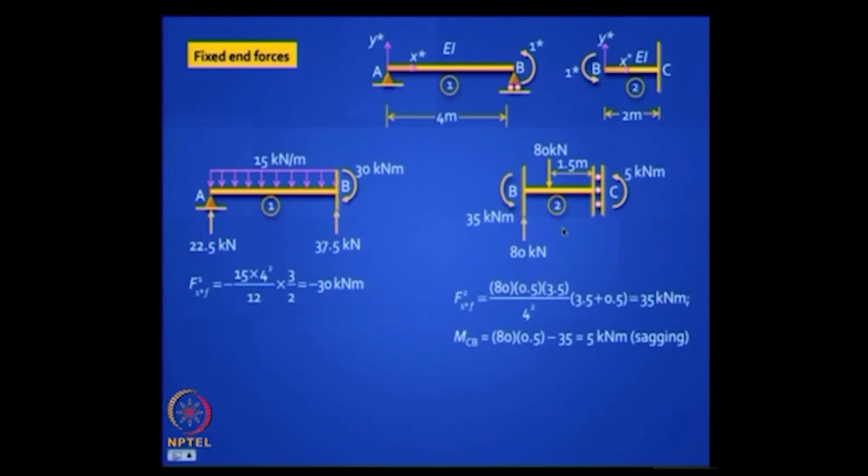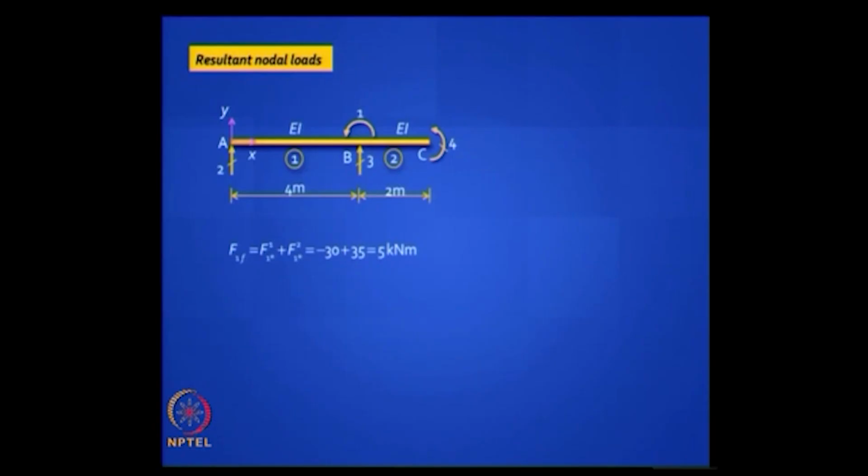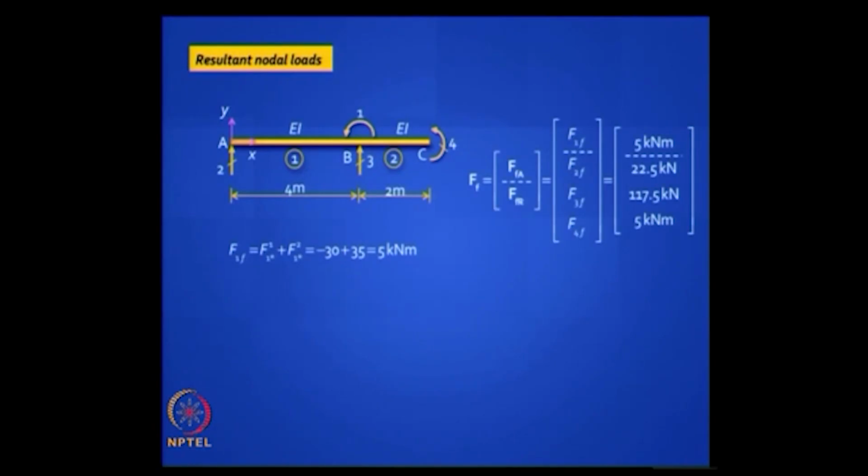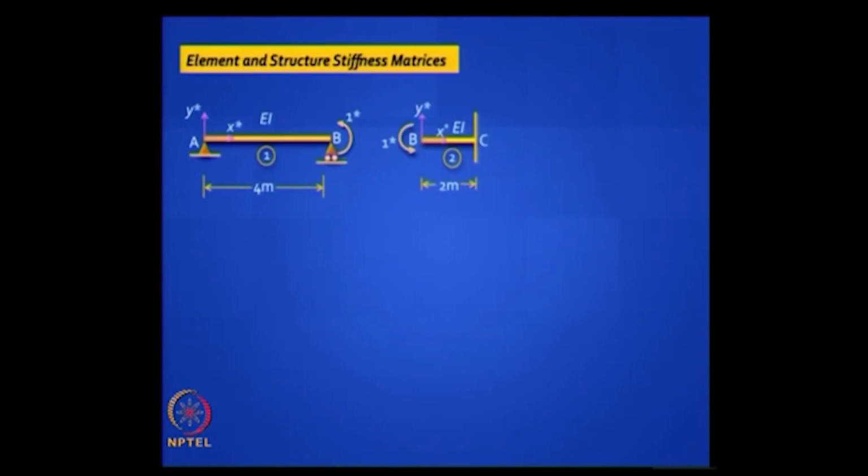is 30 kilonewton meter, and for the second one we have done this problem earlier, right? You get 5 kilonewton meter, you can add up and get the resultant force vector, which is 5 kilonewton meter, and you have this matrix 5 kilonewton meter, and substitute your, is this clear?